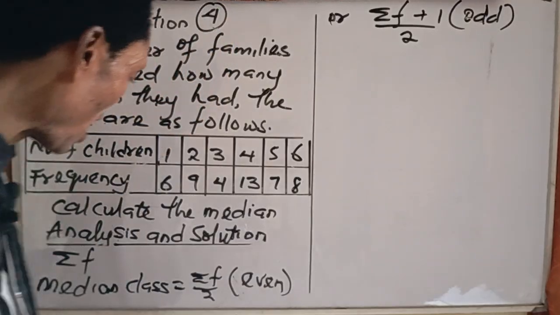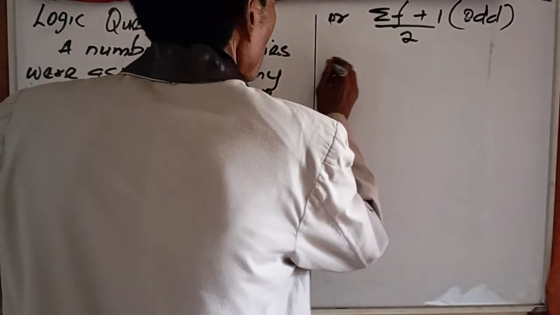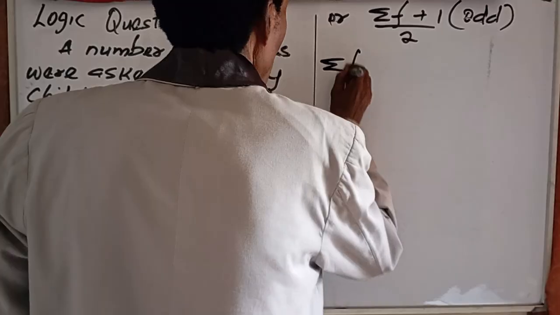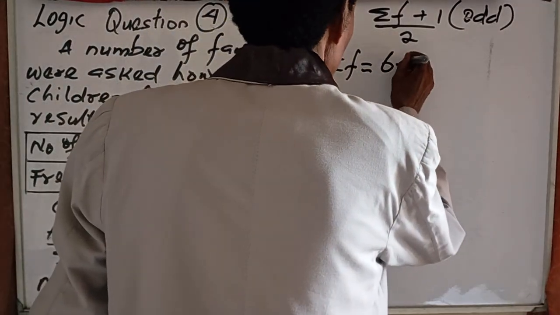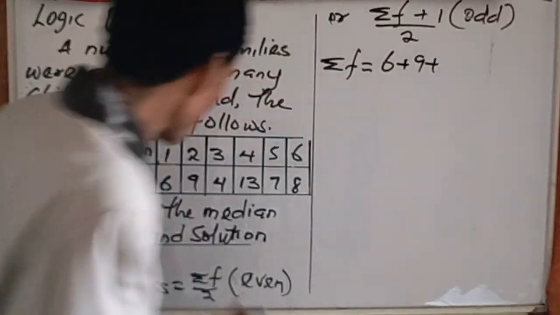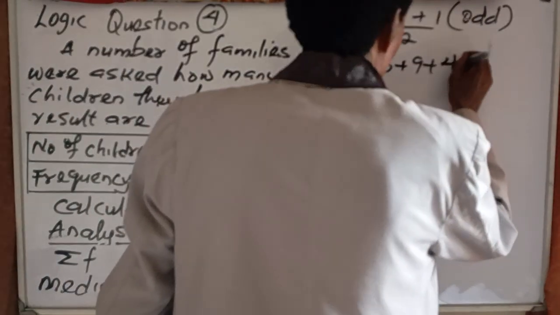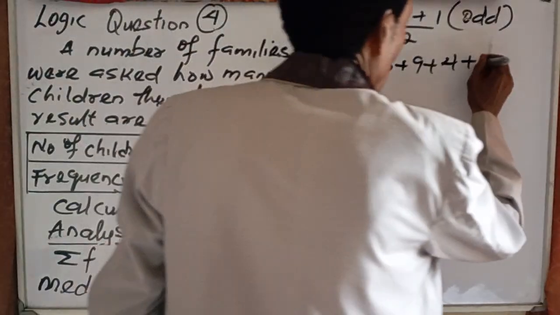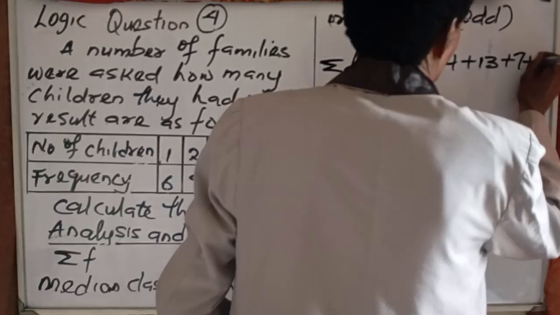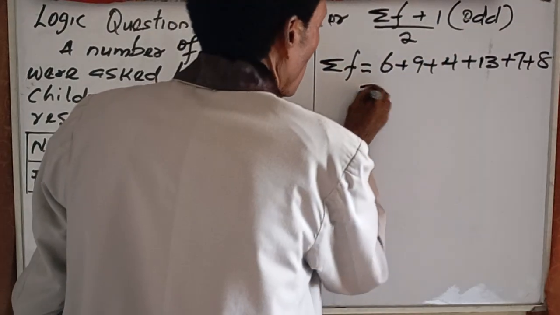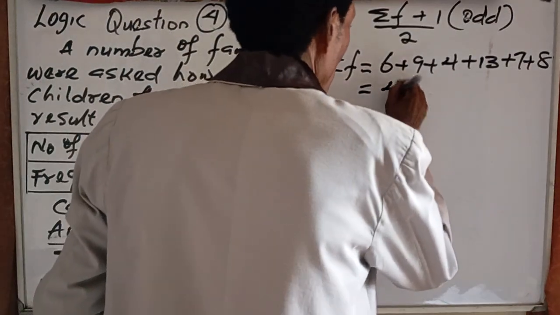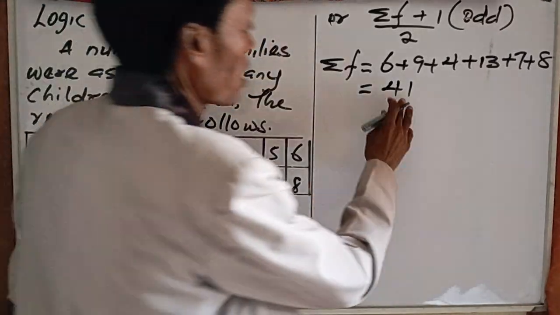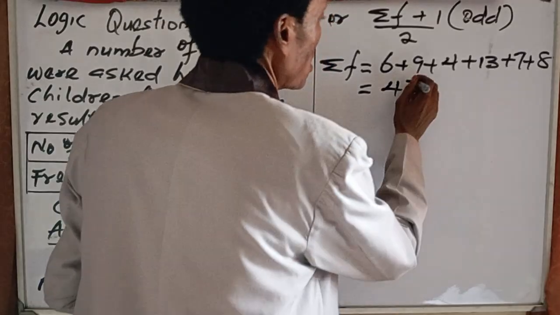Now let's add and see. Sigma f: we add all of this together, which is 6 plus 9 plus 4 plus 13 plus 7 plus 8. If you add everything together, what we get is 47.